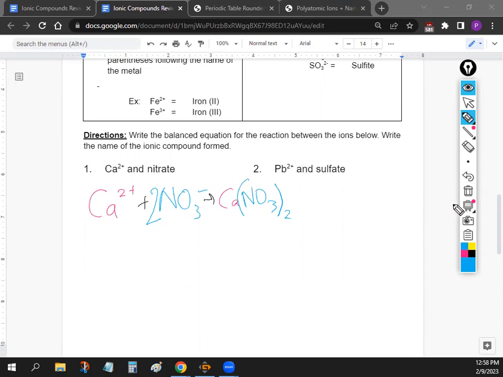Okay. So try the second one on your own. Take about 2 minutes and try number 2. And feel free to compare your answer with the person beside you or someone near you.